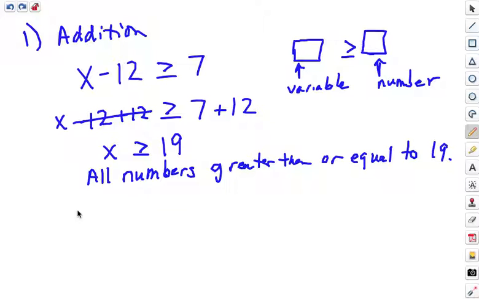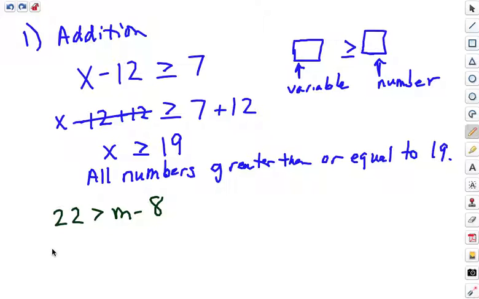All right, let's go ahead and look at one more with addition, and then we'll move on to subtraction. So if 22 is greater than m minus 8. We're going to use addition.